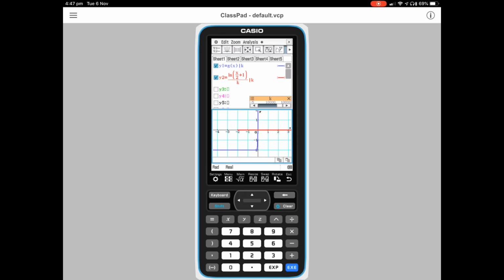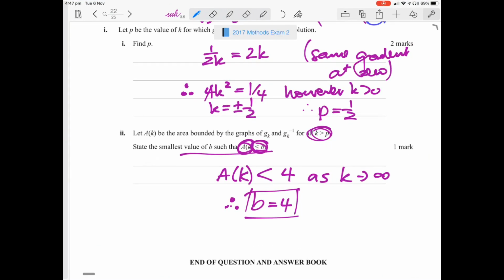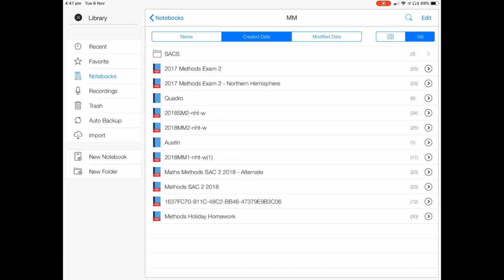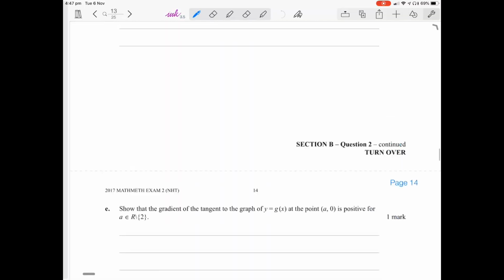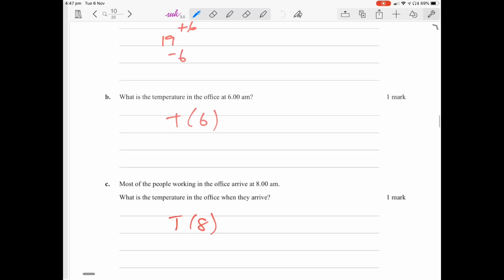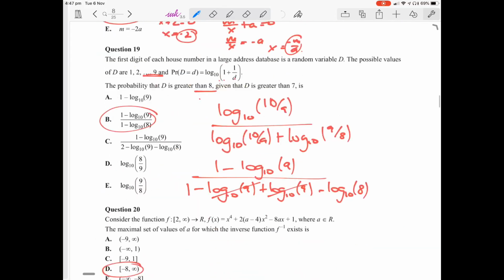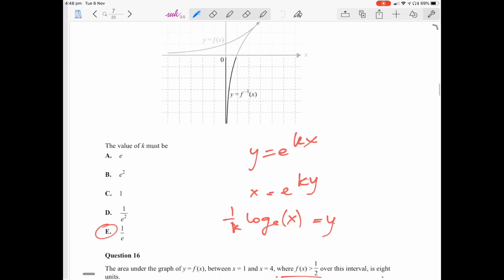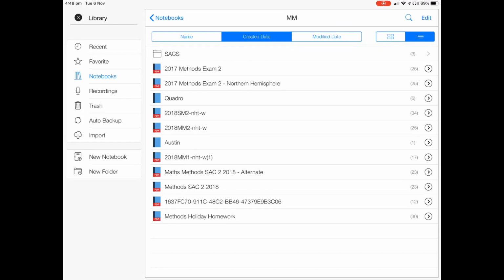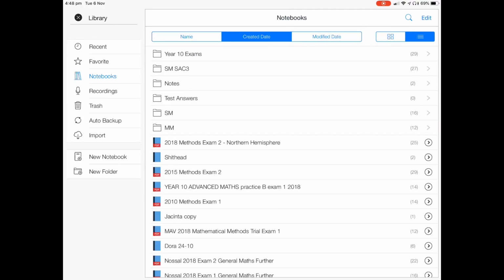Okay, so that's how you work out those types of questions where they ask you to find the gradient of the inverse function given the original function.